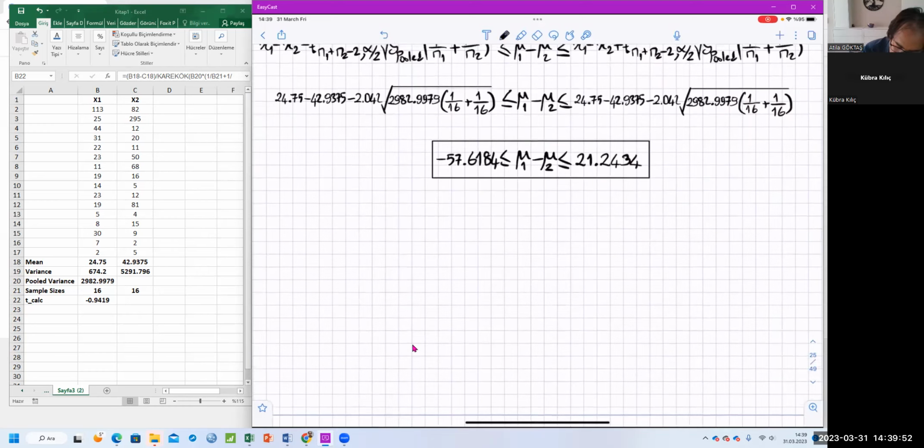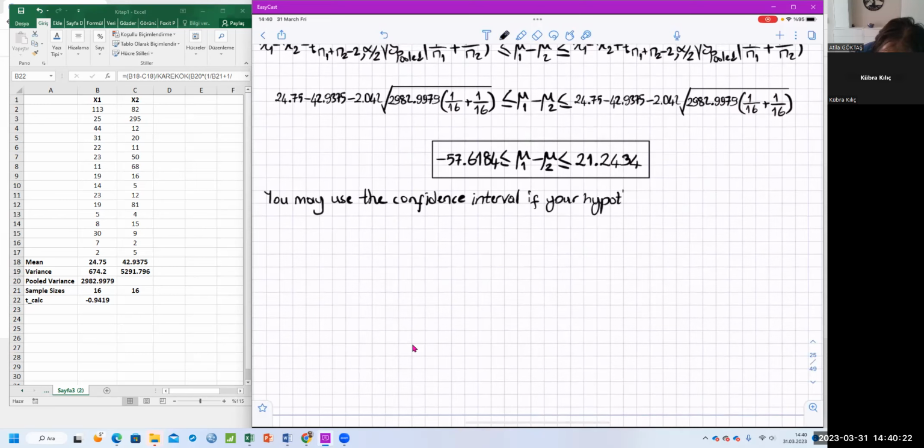And since I also need to make another interpretation, you can use the confidence interval if your hypothesis is two-tailed, to test the claim.